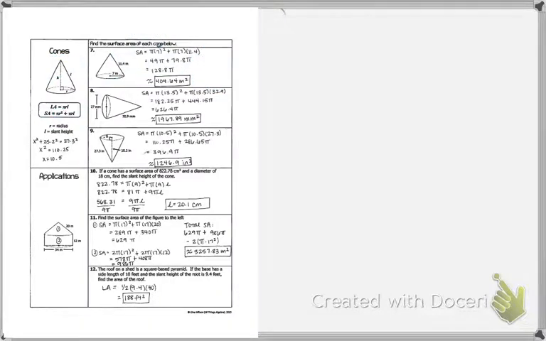Alright, let's move to number 9. So we look at number 9. Let's see what's given to us. We're given the lateral, or the slant height, and then we're actually given this guy right here. But we're not given the radius or the diameter, which means I need to figure out this piece right here.